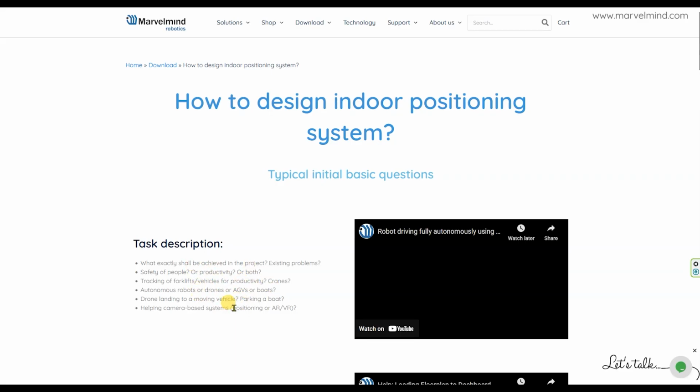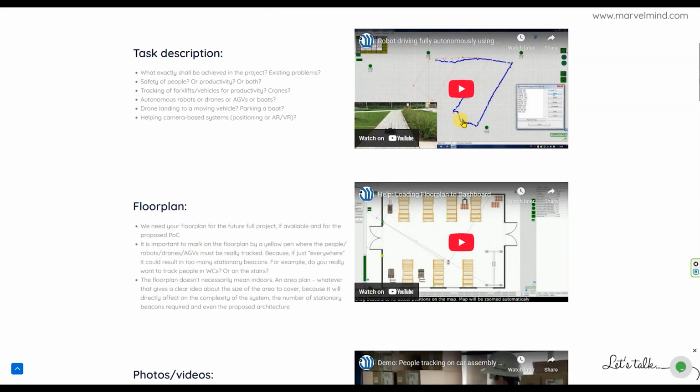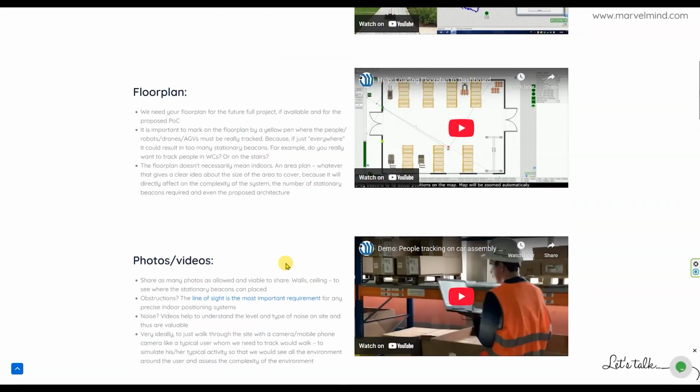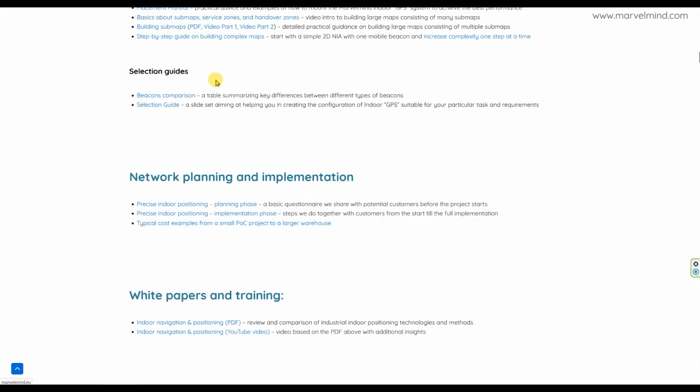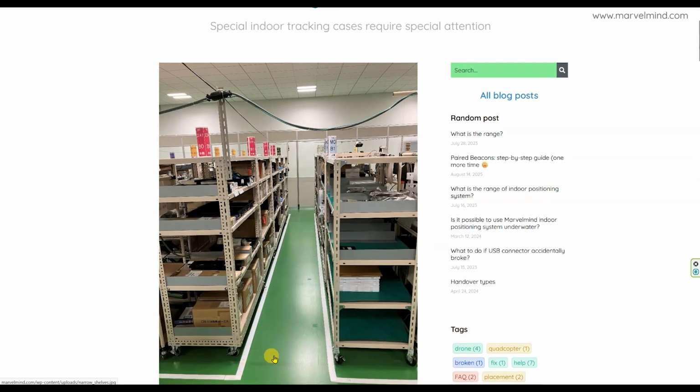Productivity or safety? We need a floor plan from you, photos, videos, etc. So this is why some solutions, like for forklifts, are easy; for people it's problematic, more problematic, let's say. It's also doable but more complex.